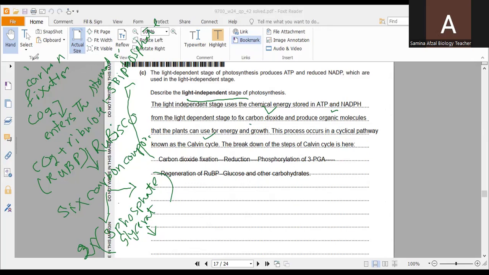So ATP plus NADPH will help in the formation of glyceraldehyde 3 phosphate.